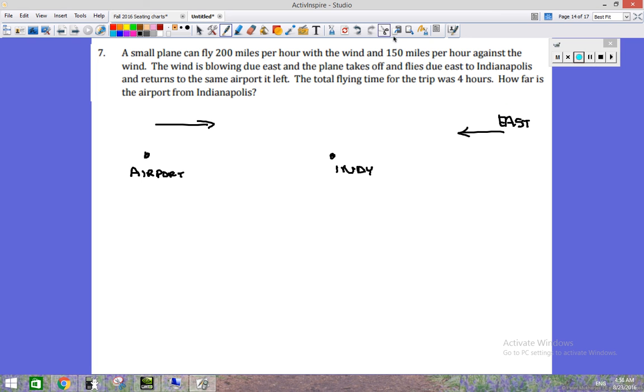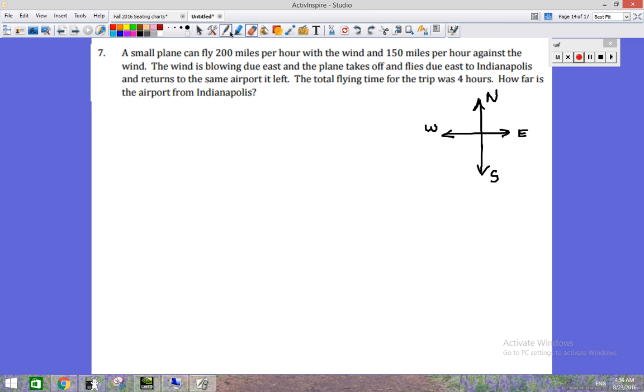No, wait a minute. I have that backwards. Let's come over. I don't believe the direction is really going to mess us up that much, but let's make this way east and this way west, like on a map. All right.